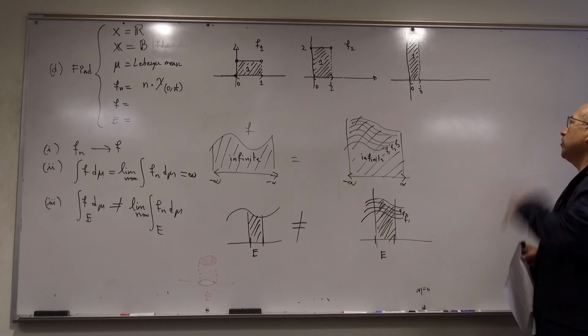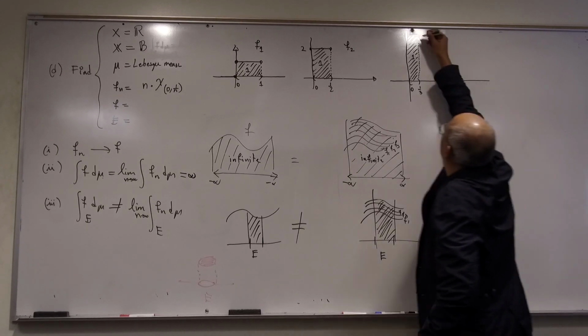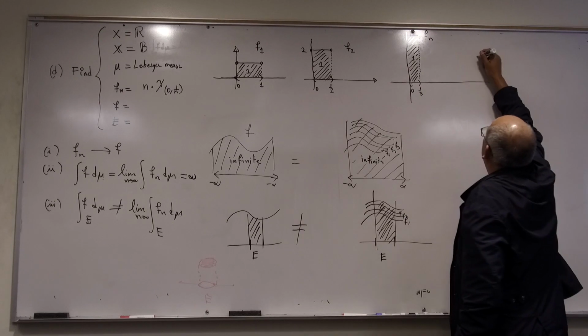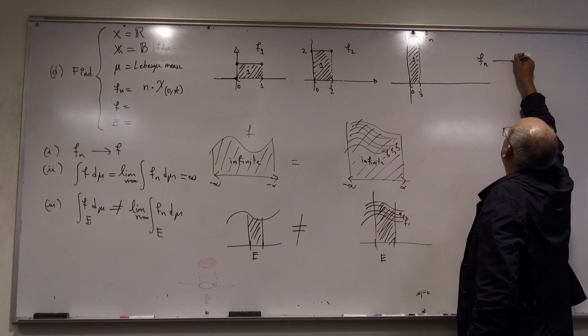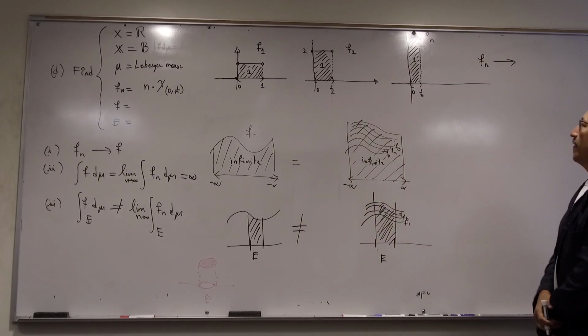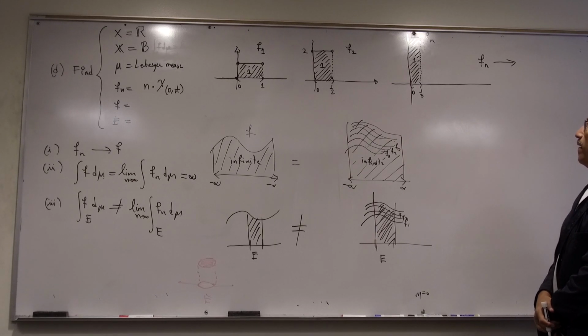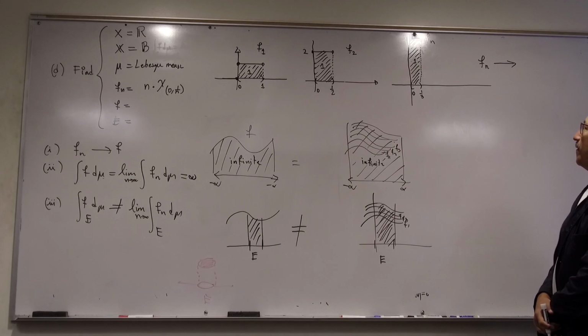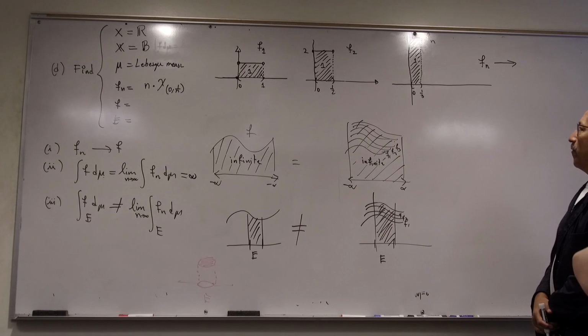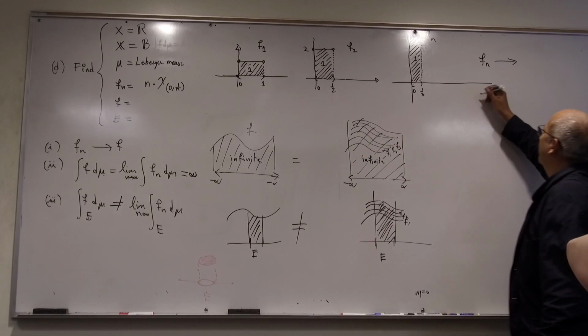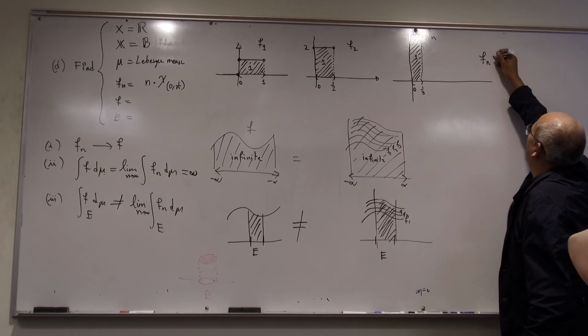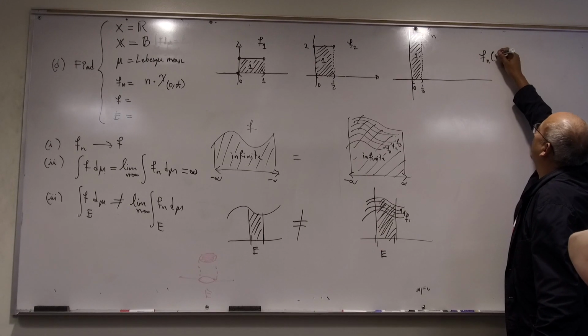By the way, these functions fn that you see here converge to what? It's either 0 or infinity. Well, let's take one at a time. Let's take fn of 1, for example.